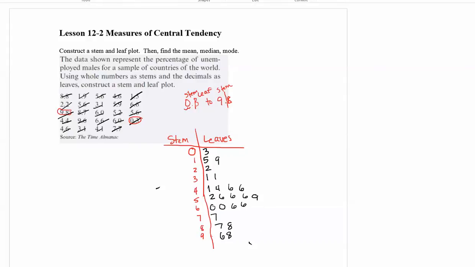Now that the data is all organized, let's calculate the mean of the data. The mean is where you add up all of the numbers and divide by the total. If you were looking at a stem plot and didn't have access to the original data, you would have to be given a key to read the stem plot so that you know these are decimal numbers.